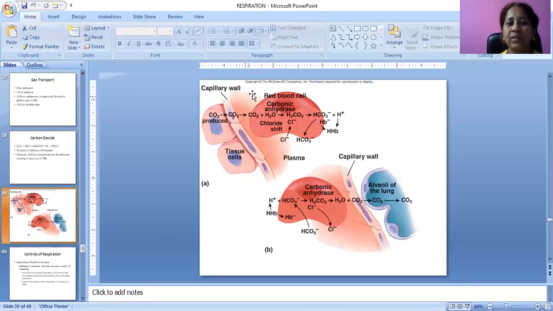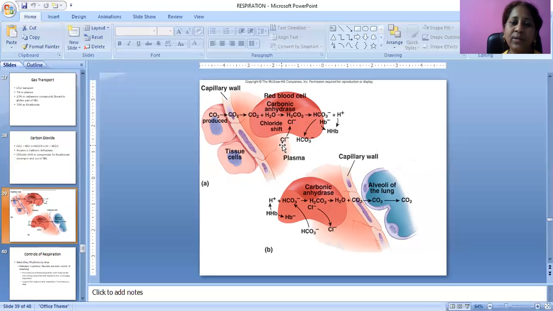Here, in this diagram, carbon dioxide is produced. This is the capillary wall, red blood cell, carbon dioxide plus H2O, carbonic acid, bicarbonate ion and hydrogen ion, plasma.